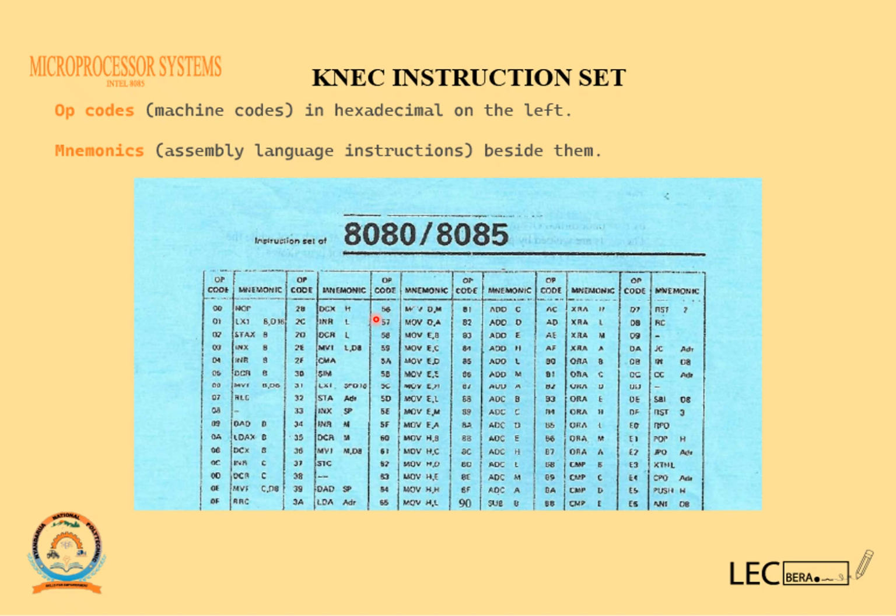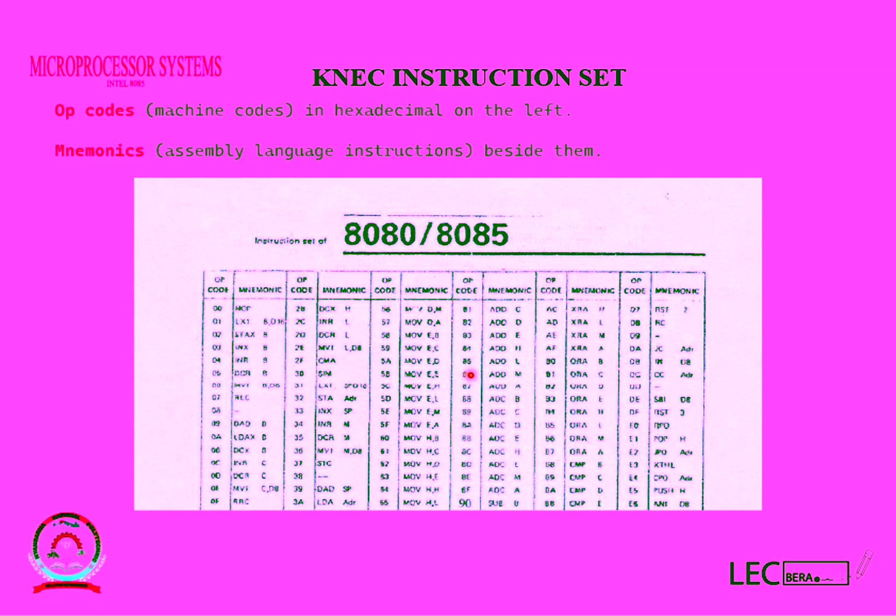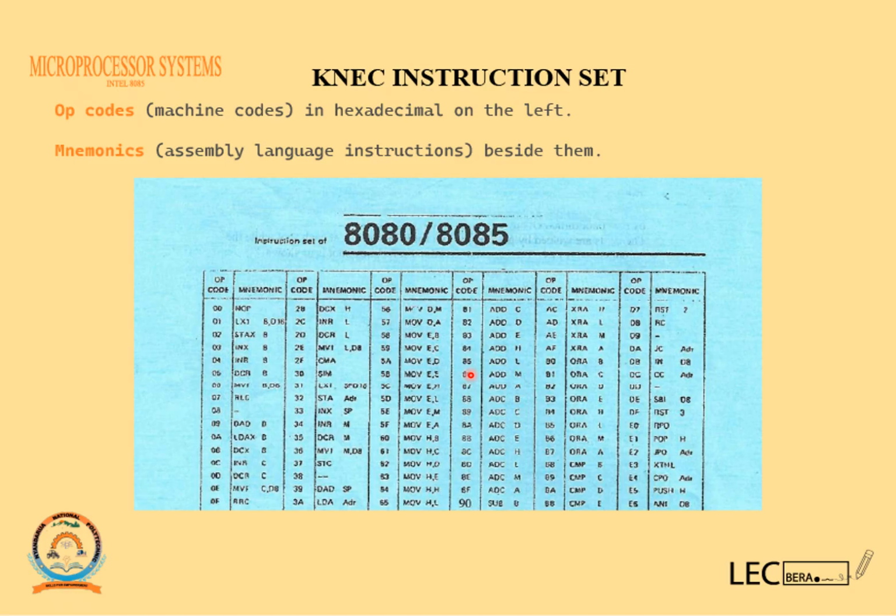Anytime we write an instruction, that instruction is interpreted by the Intel 8085 to an opcode version. These are hexadecimal numbers. For example, we have a mnemonic code which is NOP.